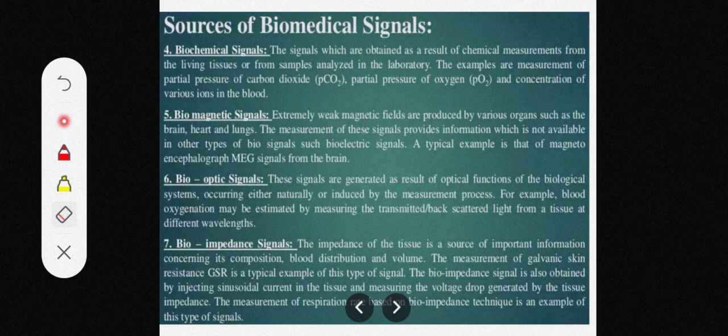For example, blood oxygenation may be estimated by measuring the transmitted or backscattered light from a tissue at different wavelengths.